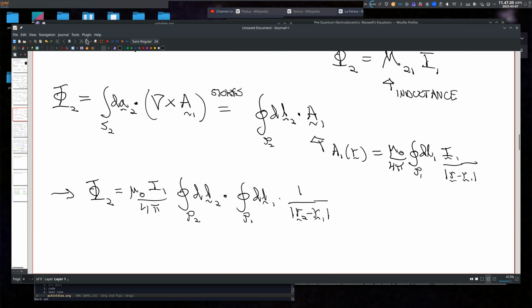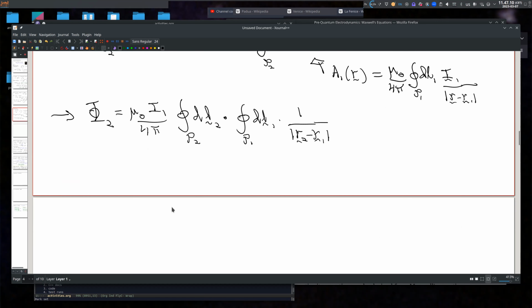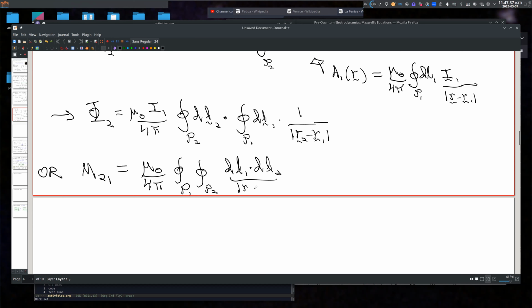So, okay, so said otherwise, if we write it cleanly, M21 becomes a purely geometrical double integral over the paths. So P1 integral P2 of dL1 dotted into dL2 divided by R1 minus R2.